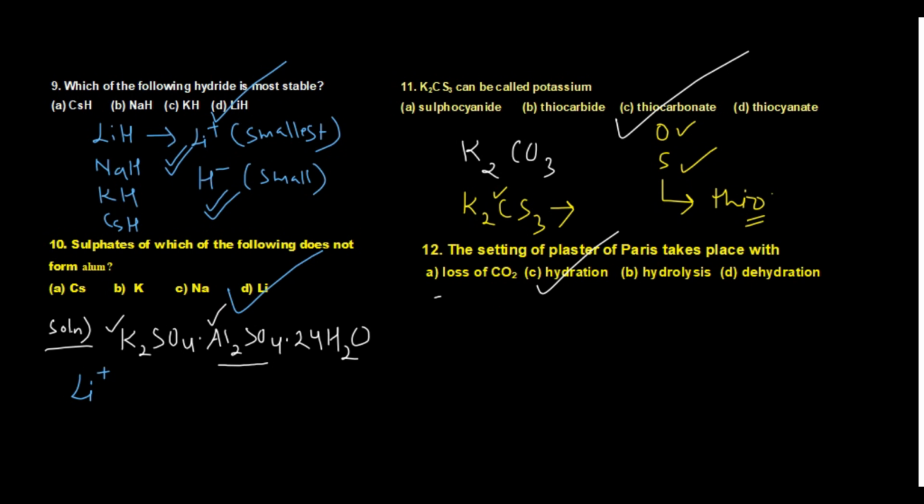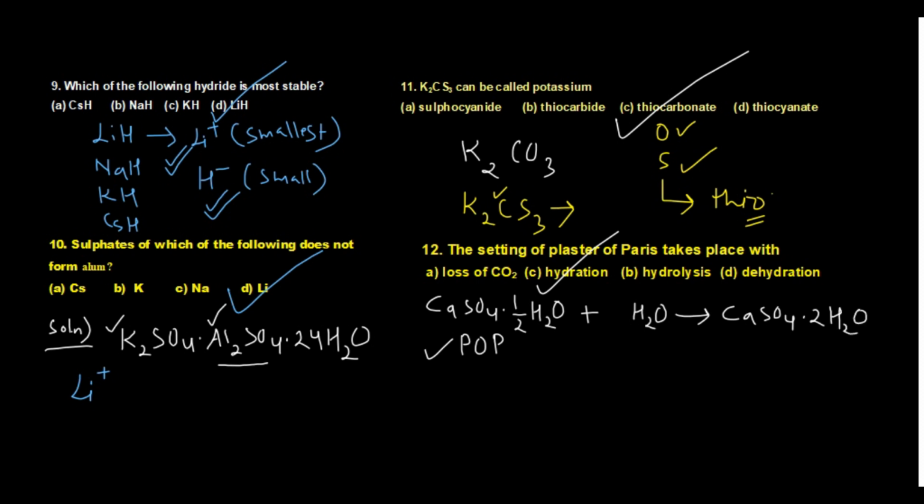Say you are having CaSO4 dot half H2O, calcium sulfate hemihydrate. This is POP, plaster of Paris, and when it combines with water, H2O, it forms gypsum. Gypsum is CaSO4 dot 2H2O.